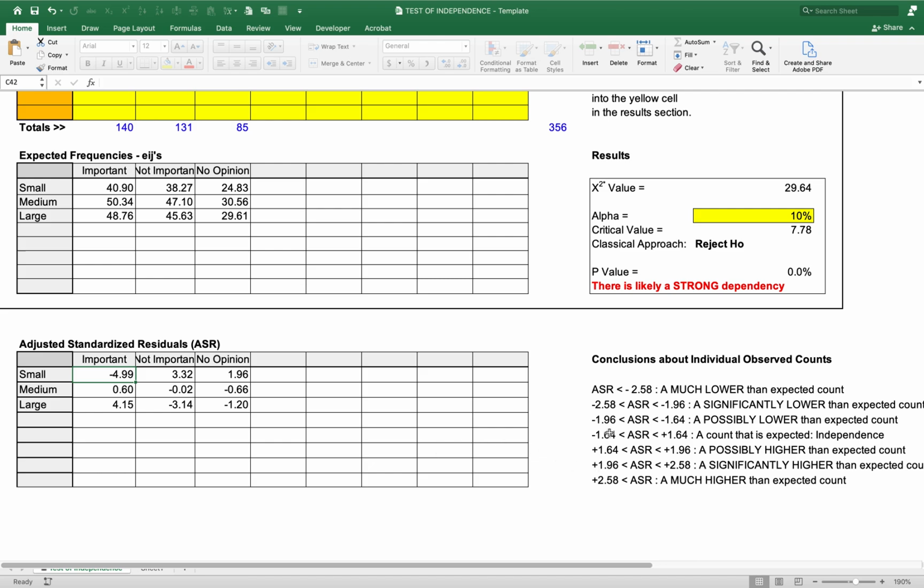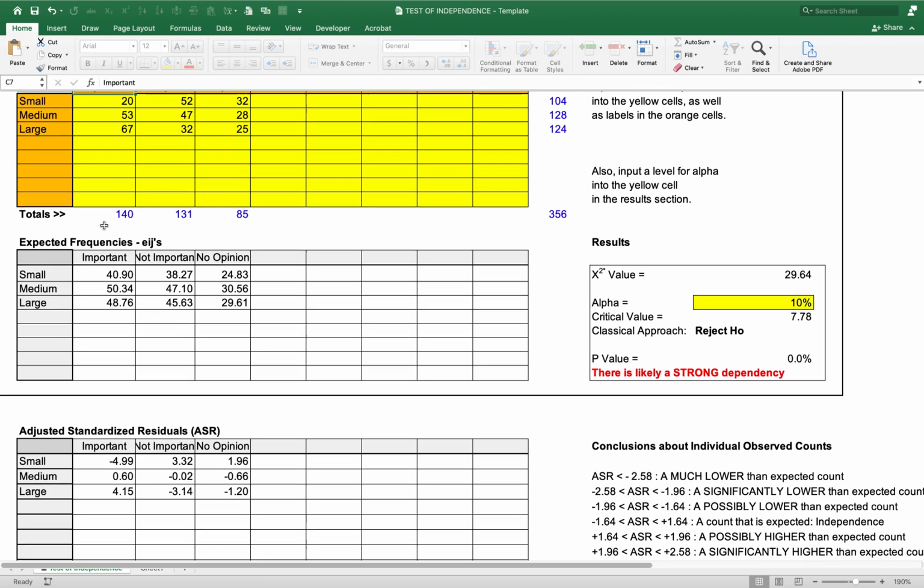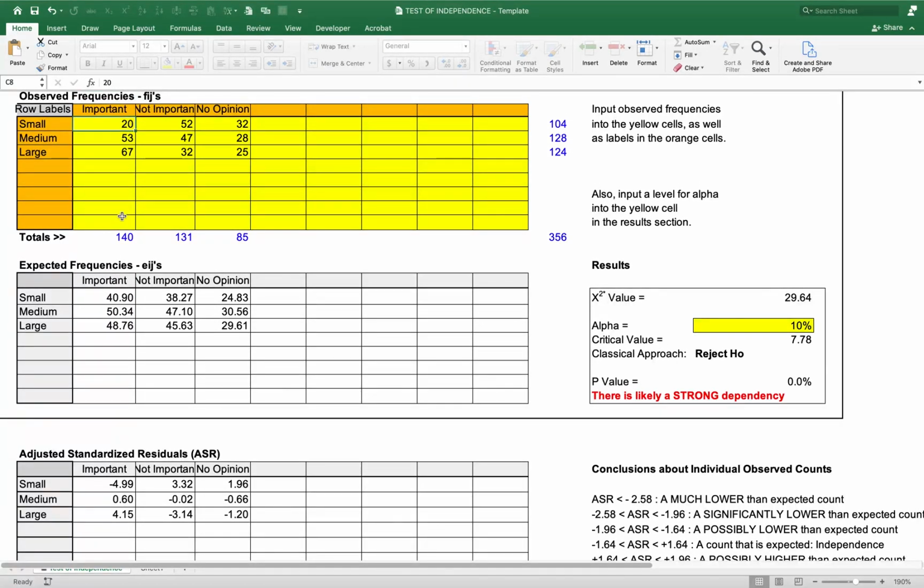So down over here, we say anything where the standardized residual is less than minus 2.58 indicates a much lower than expected count. So this particular guy up here, this 20, is much lower than this 40 here.